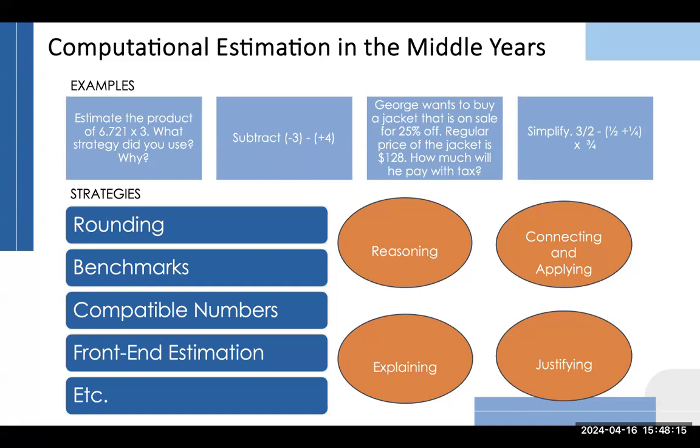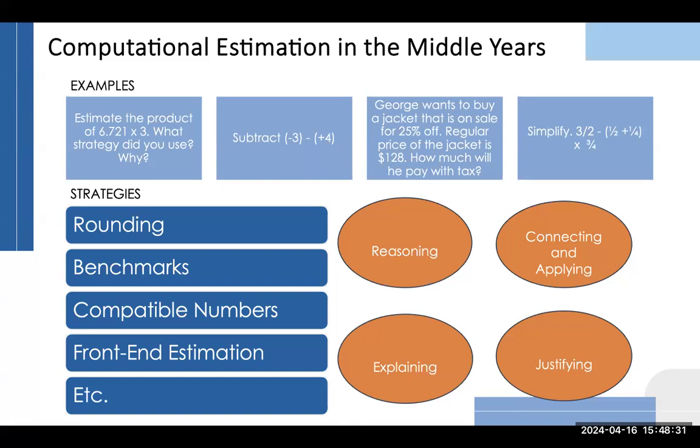The next one is a real-life problem, right? In the context of shopping, where they are calculating the final price that would need to be paid for an item of clothing based on a discount.